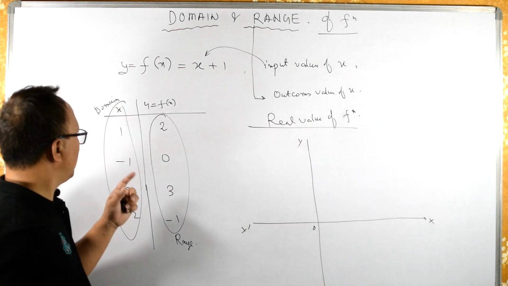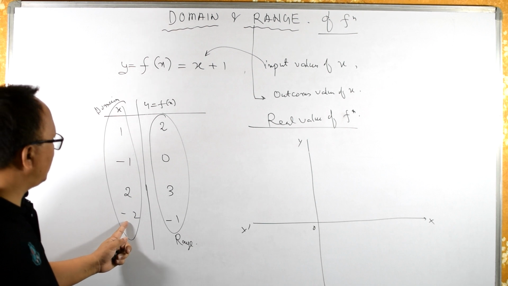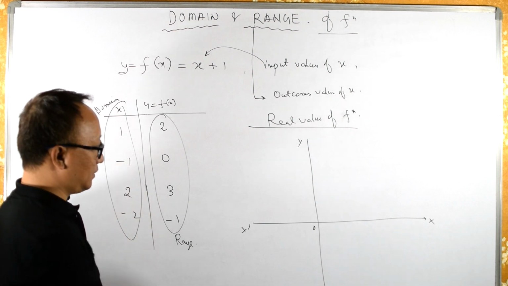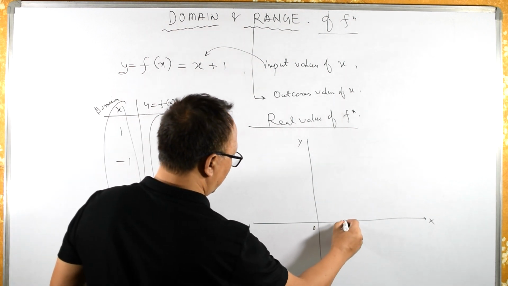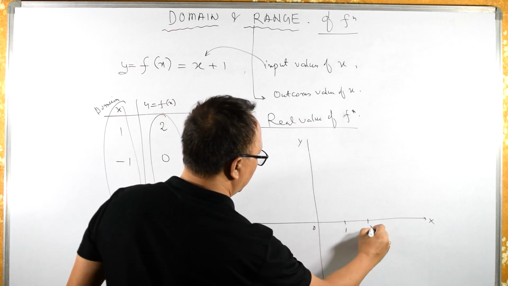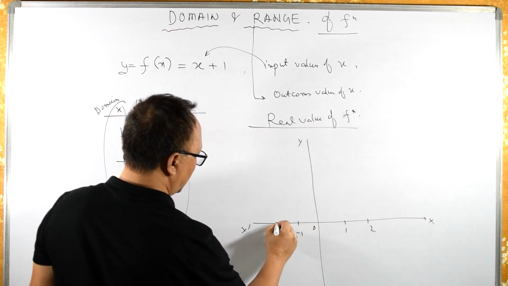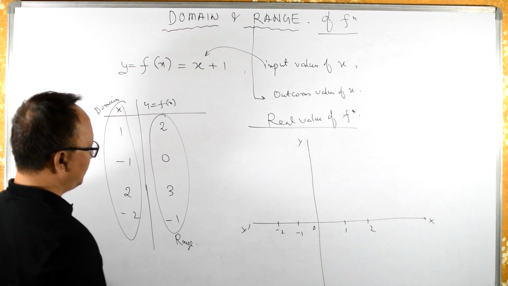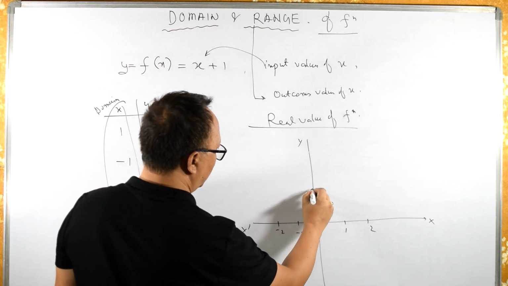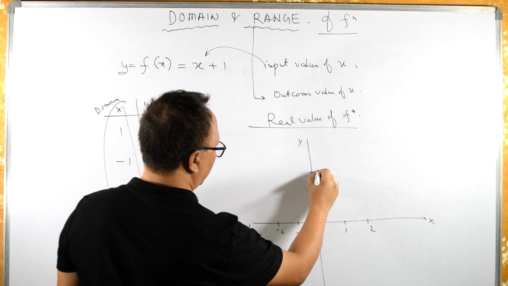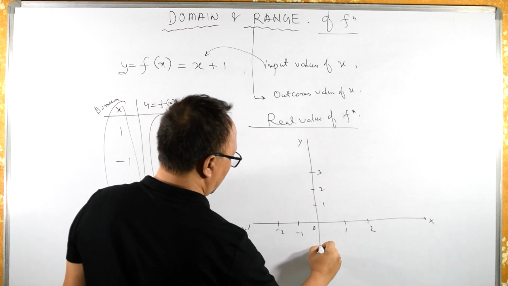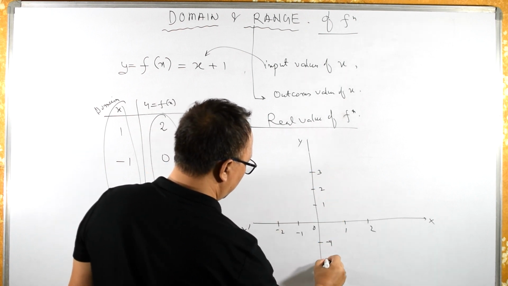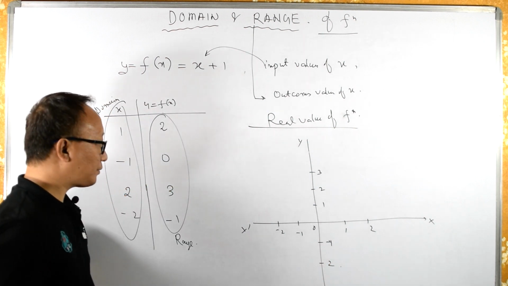So x is ranging from minus 2 to 1, 2. Here I can say 1, 2, here minus 1, minus 2. y is ranging from here 1, 2, 3, and then here minus 1, minus 2.